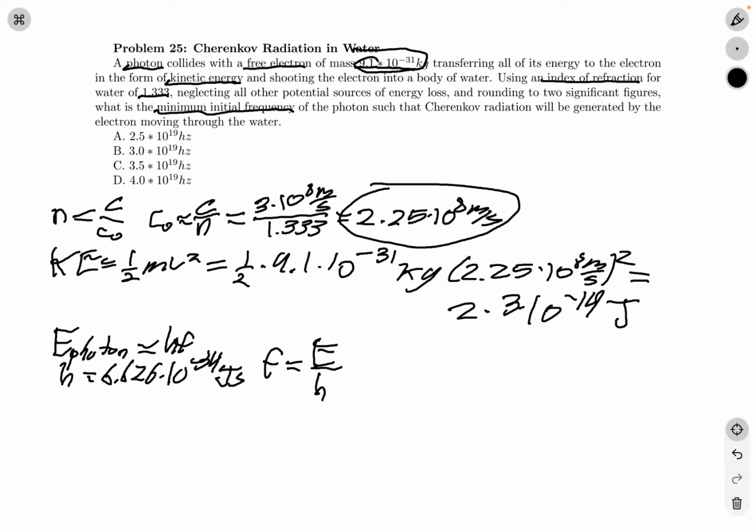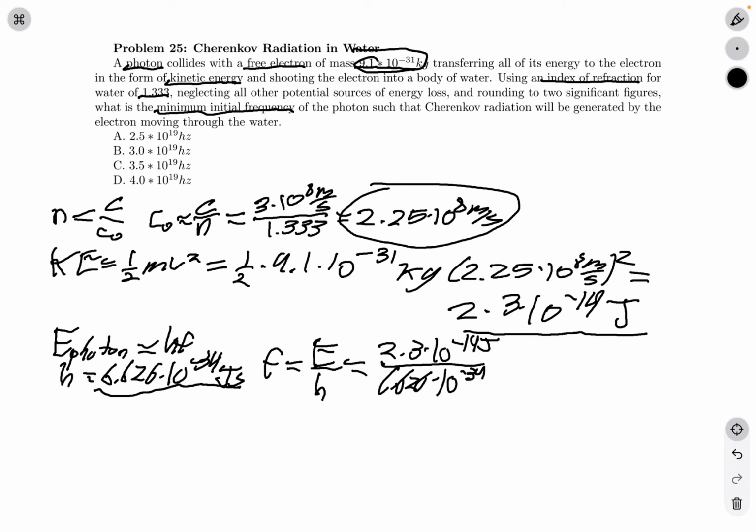We already know our energy, 2.3 times 10 to the negative 14 joules, and we know Planck's constant, 6.626 times 10 to the negative 34 joule seconds. And when we do that, we're going to get a frequency of roughly 3.5 times 10 to the 19 hertz, meaning our answer is C.